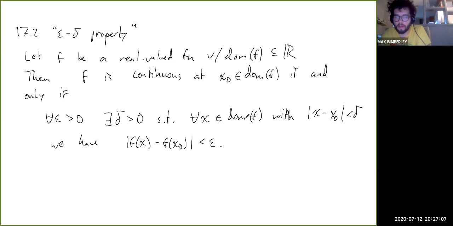So this is almost identical to the statement that I made in the previous video, just with this extra thing of x being in the domain of f, right?